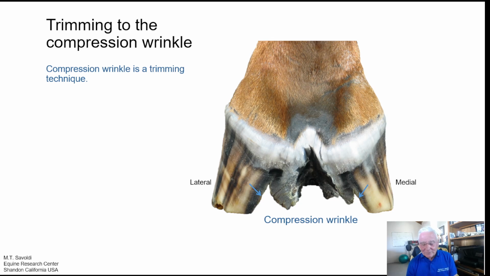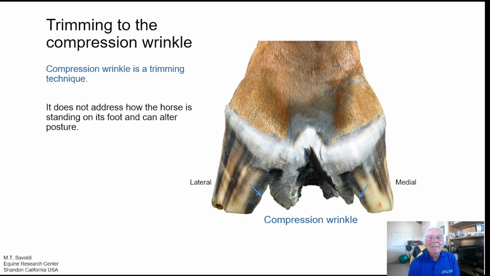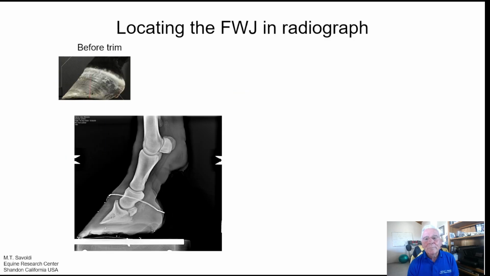Anyway, what it does not address is how the horse is standing on his foot, and it can alter posture. This trim can produce unequal heel lengths, and we can see right there. And then when we look at the trim and heel length to the frog wall junction, they're not equal either.